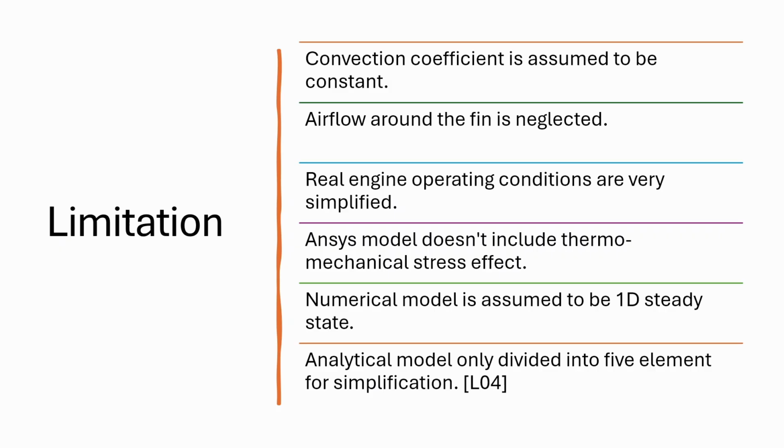But comparing to the real condition, convective heat transfer is assumed to be constant, which is not the case in real conditions. Airflow around the fin is neglected. So real engine operating conditions are very simplified, and the ANSYS model doesn't include thermomechanical stress issues. This is only a one dimensional steady state condition, because it varies with time.